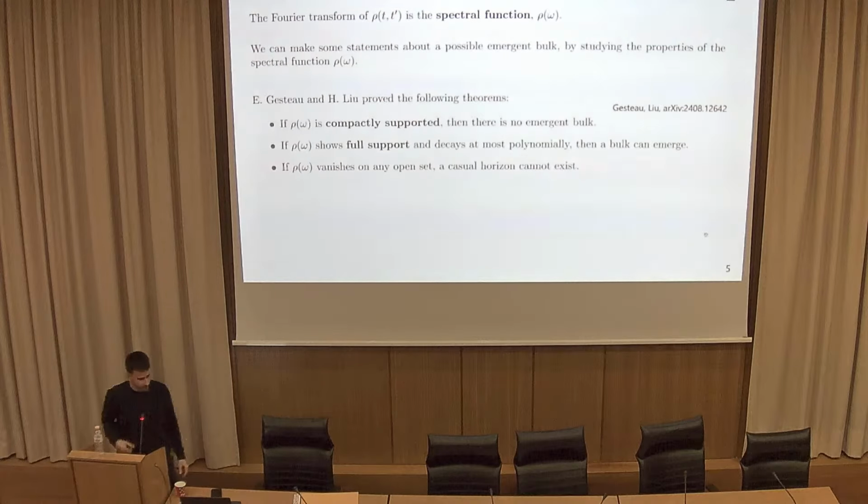And the theorems they proved, we will care about the first two: if rho of omega is compactly supported, then there is no emergent bulk, while if it's fully supported and it decays at most polynomially for large frequencies, then there could be a bulk. Of course, this is a diagnostic tool, it's not a strong statement.